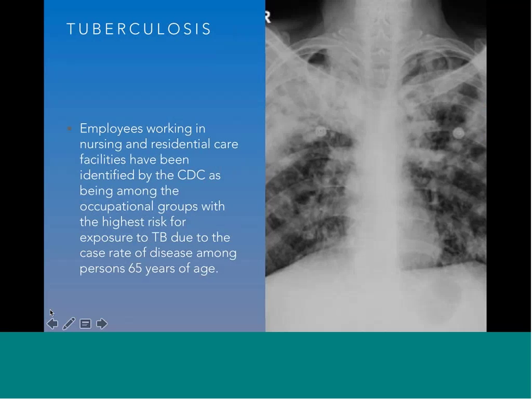Tuberculosis is an interesting one. It's been around for so long, and yet it continues to pop up with increasing incidences around the world in particular, but even in the United States among persons 65 years of age or older, and obviously nursing home facilities are faced with individuals of advanced age.